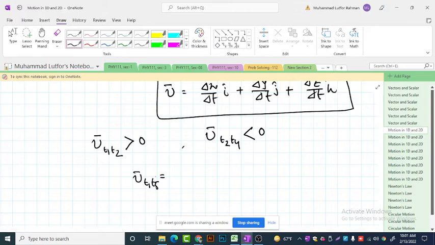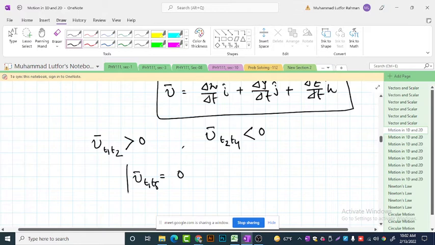So average of V of t1, t2 and V of t2, t4? No, for the average velocity between them, just look at the definition I wrote down. It will be 0, definitely 0. Why is it 0? Because when you write down that formula, your final x at t5 minus x at t1 is the same position, right?